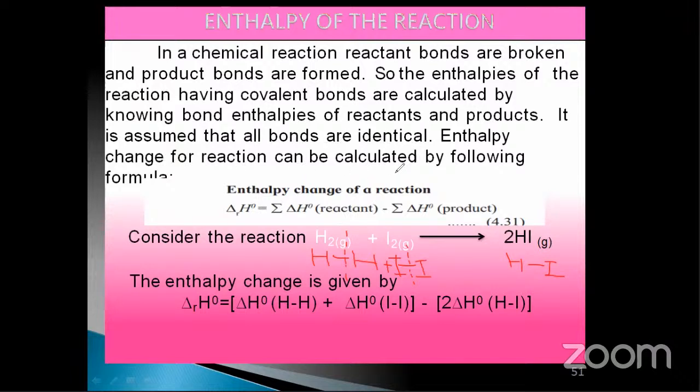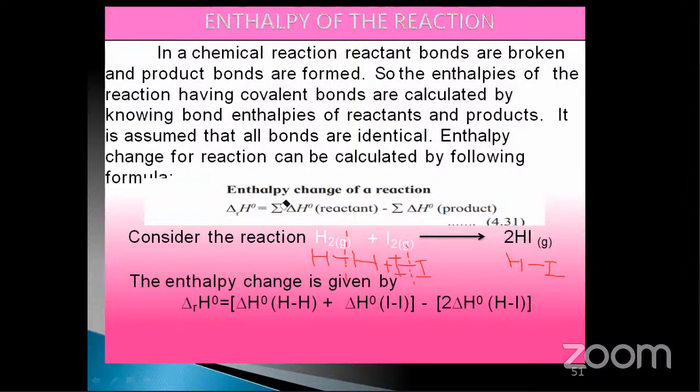Enthalpy change for the reaction, it is calculated by this formula. Enthalpy change for the reaction, it is represented in this way. Delta H0 of R means standard enthalpy change for the reaction. This R, it is representing the enthalpy of the reaction. It is nothing but the difference between the enthalpies of the reactants minus product.